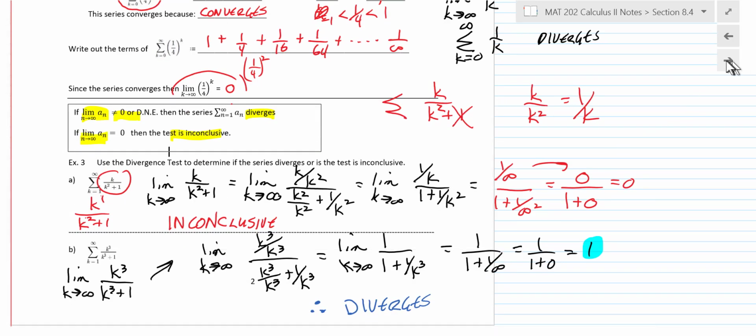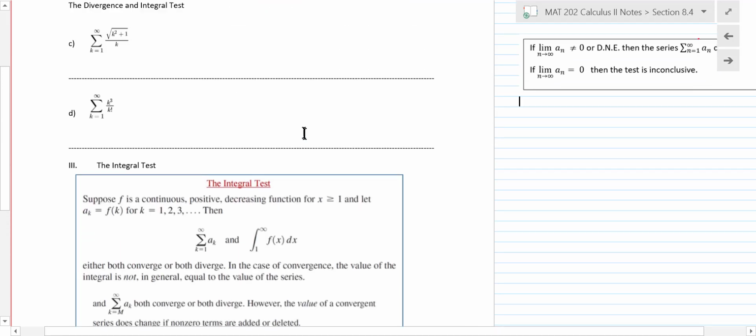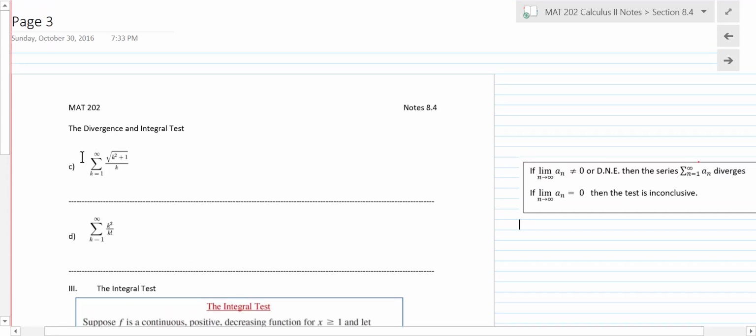All right, so let's go in. I think we're ready to go to the next page, in number C. So I'm going to do a couple other problems where you're working out the divergence test, okay? So here's what you're going to do. If you're asked to do the divergence test, the first thing we want to look at on this one is, you don't have to do this, but I like to do this as I'm teaching some of those.